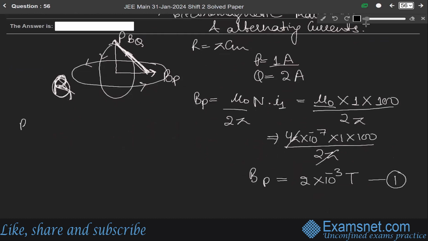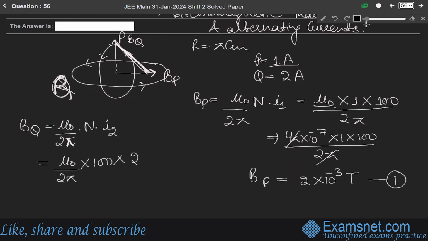Now for BQ, the magnetic field due to coil Q, it will be equal to mu naught over 2R into N into I2. I2 is the current that is flowing in coil Q. So it will be mu naught over 2, this is pi into N, 100 into I2.